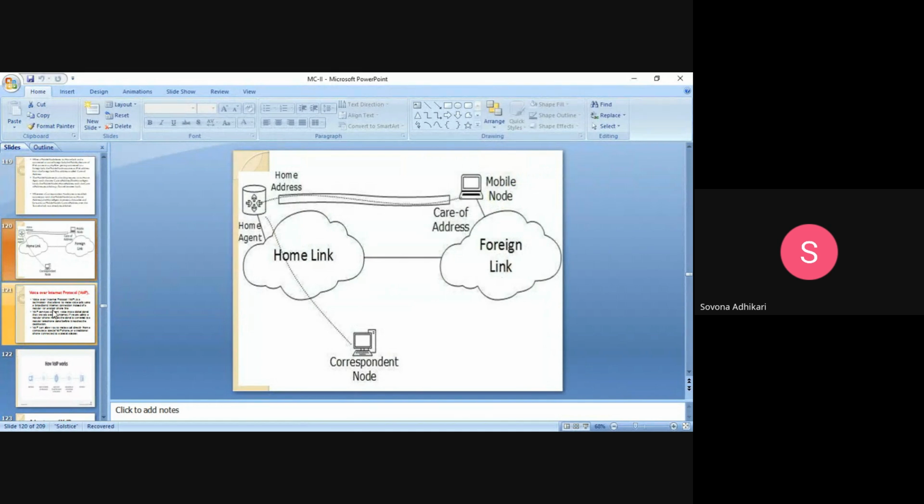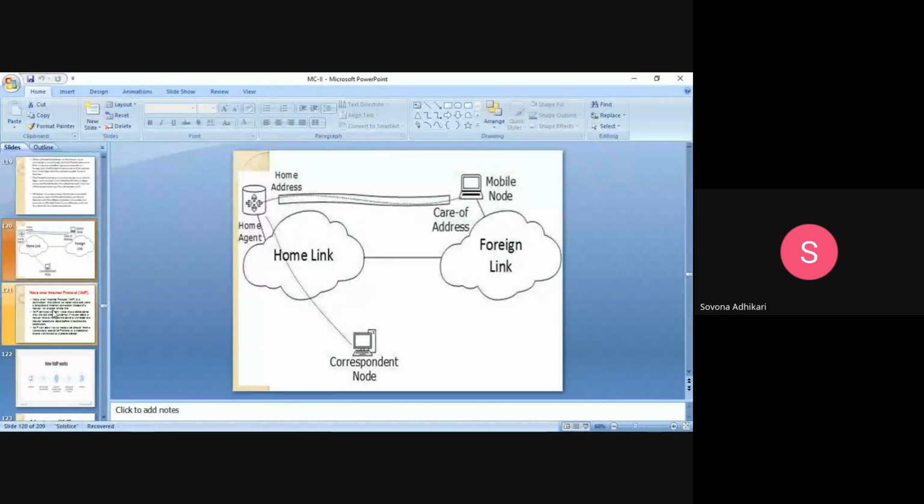You see, in the picture, you will not find the role of a foreign agent. So no foreign agent there in the slide you see. So when the correspondent node sends data to the home link, you see, this is a clear picture.